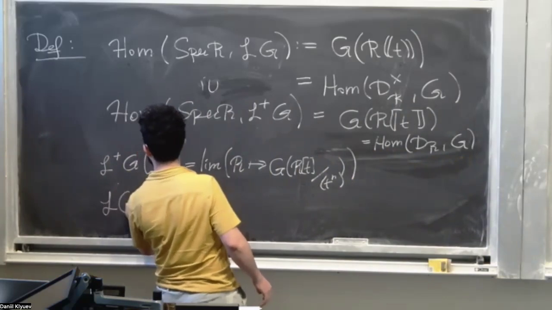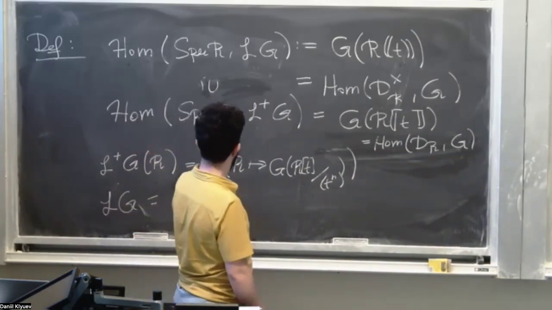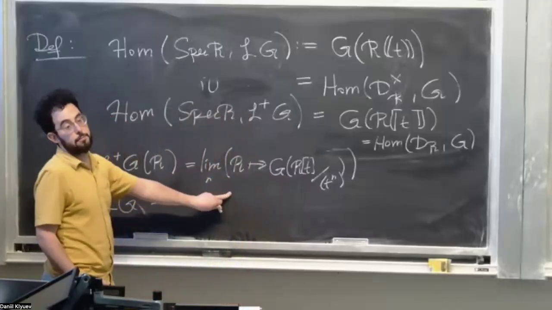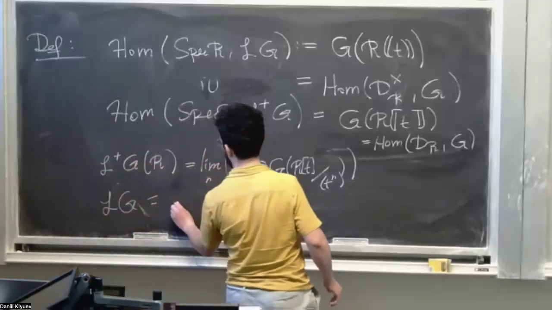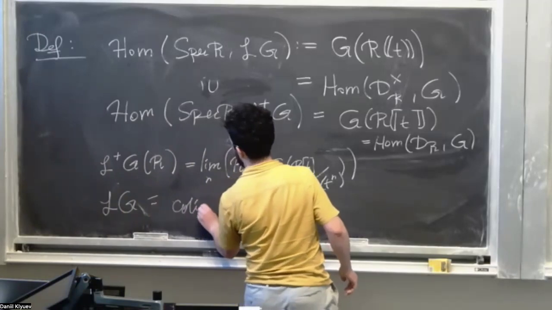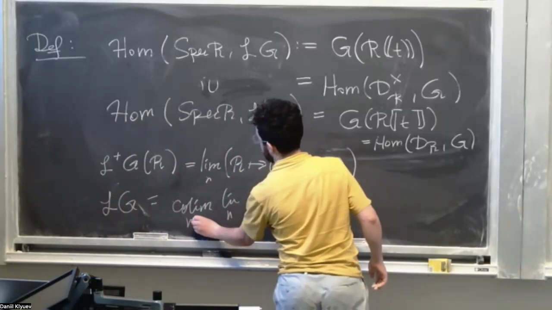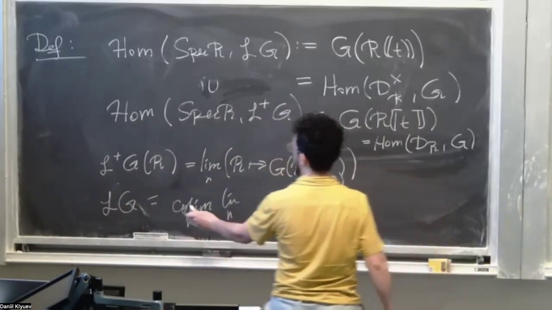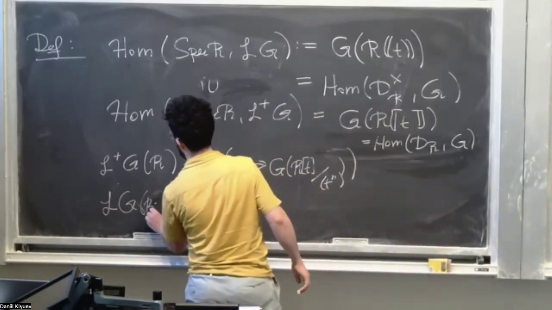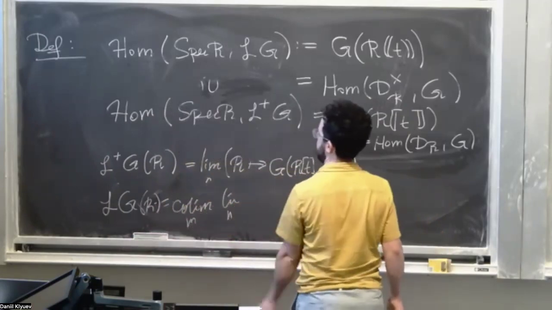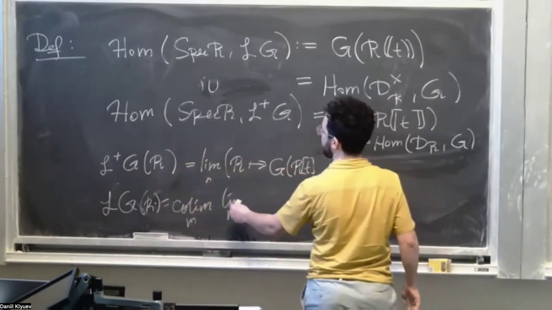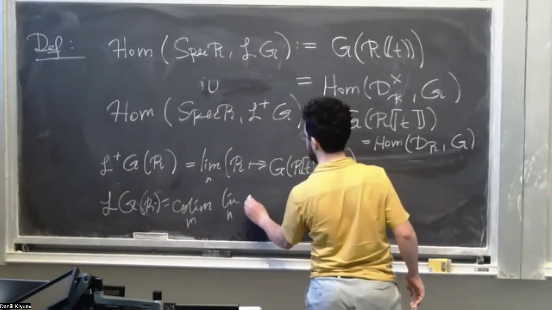The loop of G is even worse. This one, the positive loops, is already a problem, since it's of infinite type, but the loop of G is going to be an ind-scheme of infinite type. It's not going to be very important for what I'm going to talk about next. I just want to explain why there are going to be problems with working with those objects.